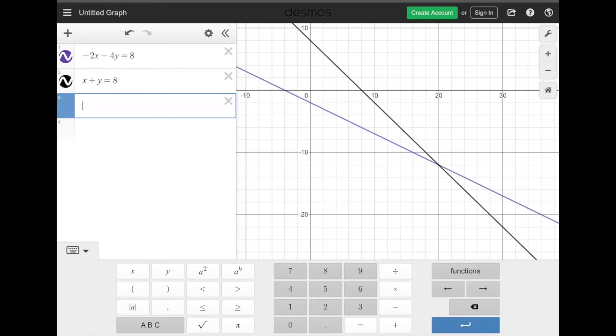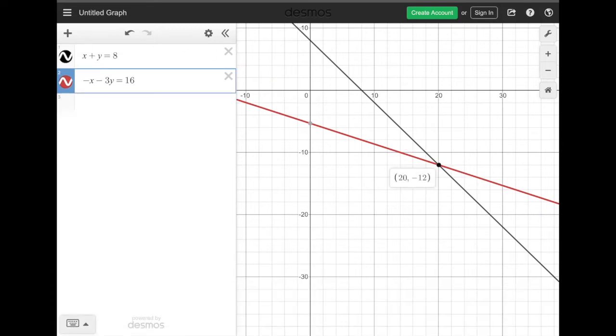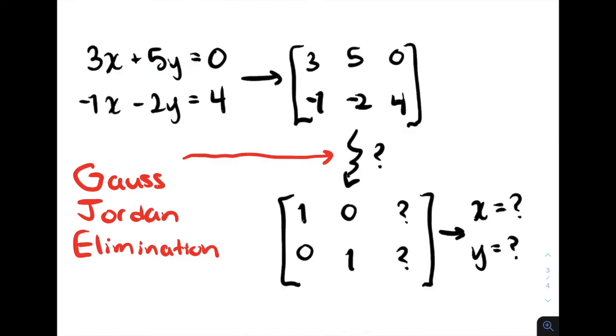Again, if I add both of these together to get a new line, say negative x minus 3y equals 16, I get a new line, but the solution is still the same.